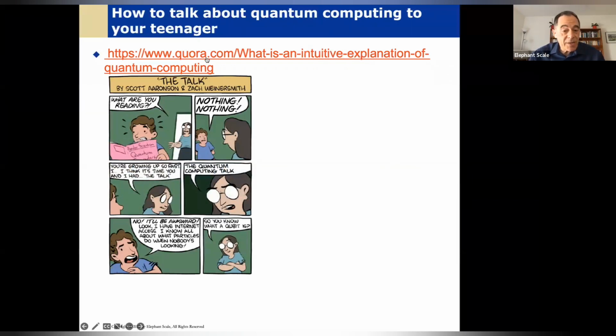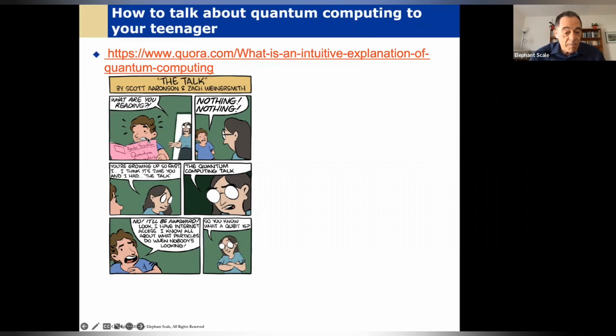Now, that is a link to this thing. So it is just the beginning of this cartoon, but it turns out it is from Quora, and it is an attempt by many brilliant people to explain to the lay person what is quantum computing. So the mother comes in and she sees the child reading.